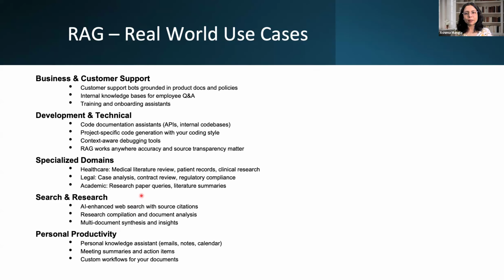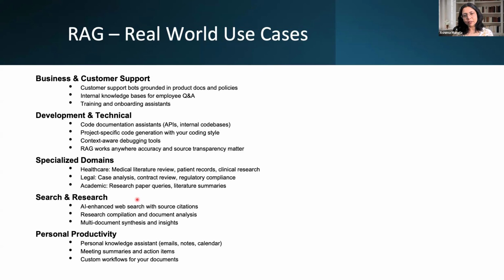It follows your team patterns, context aware debugging, things like that. And it becomes especially powerful in specialized domains like healthcare and legal, where there's a lot of regulatory data, a lot of private data, and even in search and research, it enhances the search by adding reasoning and synthesis on top of retrieved sources, while it still preserves the citations.